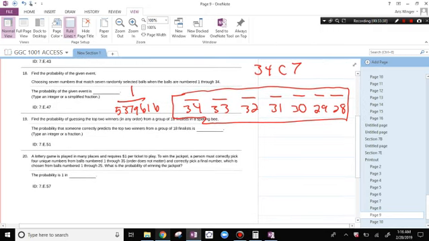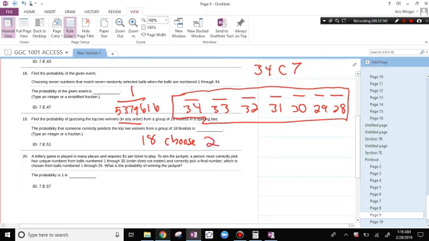Find the probability of guessing the top 2 winners from a group of 18 finalists in a spelling bee. Now the question is, do we care about the order? And it says in any order, so we don't. So it's 18 choose 2.